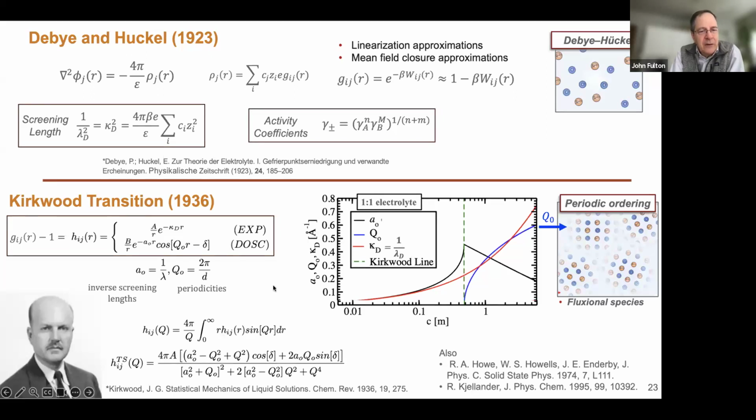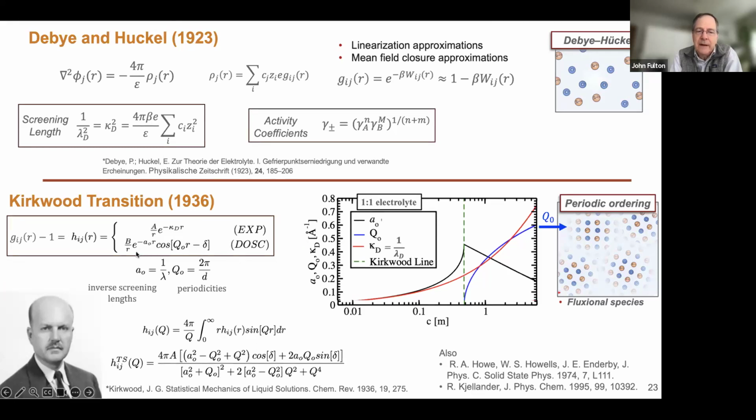What's less well known is that John Kirkwood, this happy chap here, about 13 years after Debye-Huckel, came up with a more complete solution of these equations and found this remarkable result: at low concentrations, the g(r) follows a damped exponential function, in agreement with what you'd expect from Debye-Huckel, but at a certain concentration, you get the existence of damped oscillations.